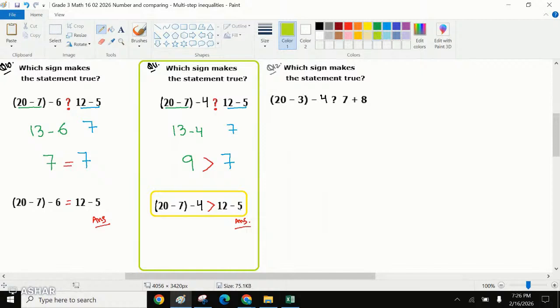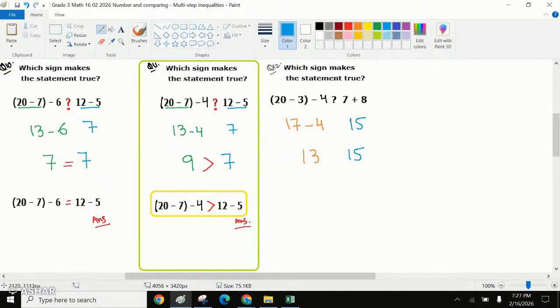For this given question, we can say 20 minus 3 is 17, minus 4, and 7 plus 8 was 15. 17 minus 4 is 13, and the right side was 15.